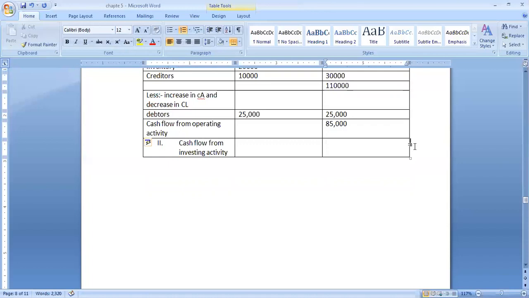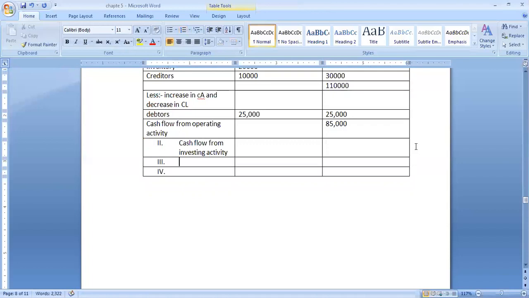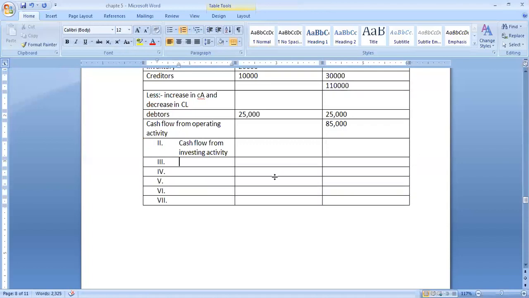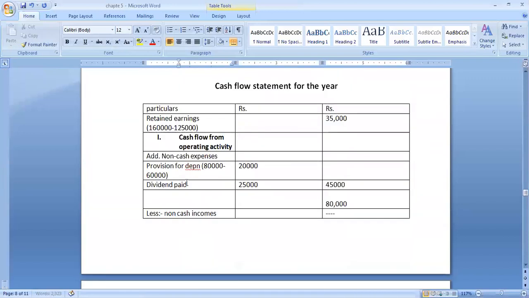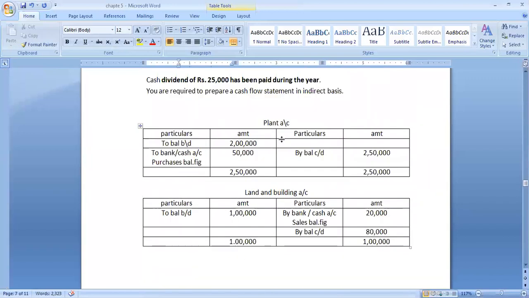Fine. Now you will take the second information, that is cash flow from investing activity. So which are the cash flows that will be taken under the investing activity? Here you will take the purchases and the sales information. There is in the question a purchase of plant, which we have already calculated in the respective plant account.